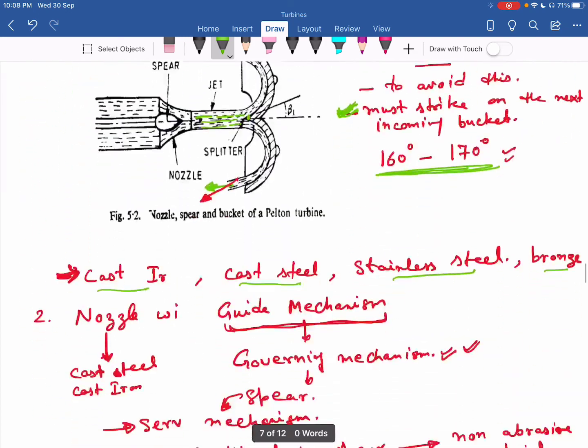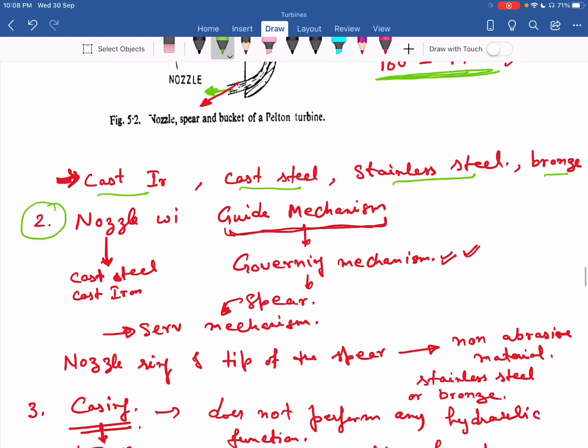Now the other component is the nozzle with guide mechanism. Now the function of the nozzle, as I earlier told you, is to convert the available pressure energy into high velocity energy in the form of a jet. Now the quantity of water required is proportional to the load on the turbine.